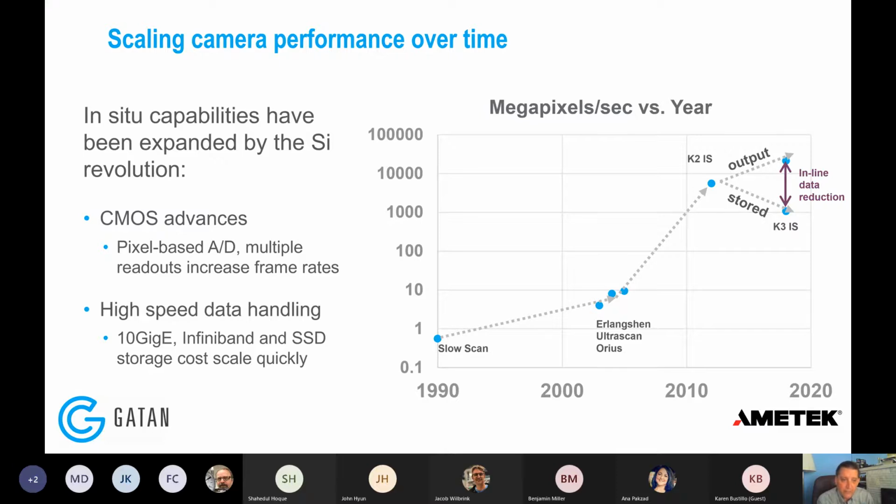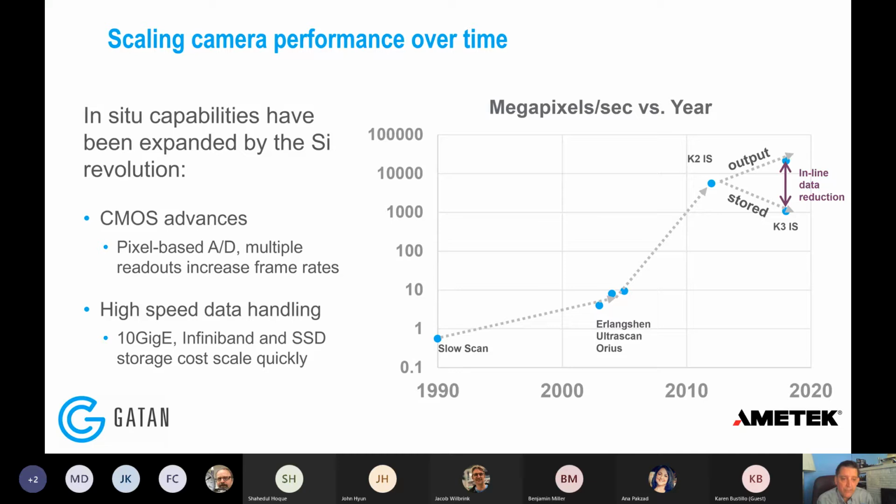The other big improvement is in the high-speed data handling and what I call off-the-shelf networking, for example, 10 gig capabilities, InfiniBand. There are other things in other communications protocols internal to the cameras that let us move a lot of data around really, really quickly.